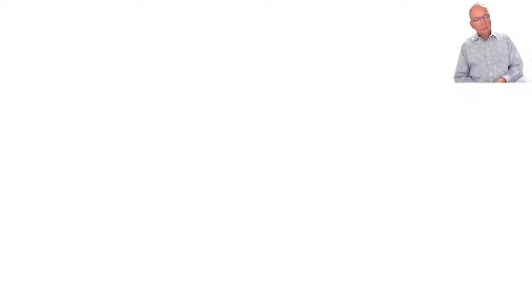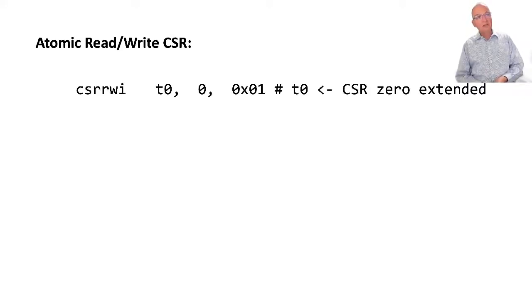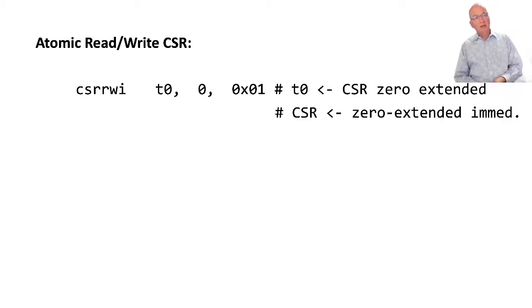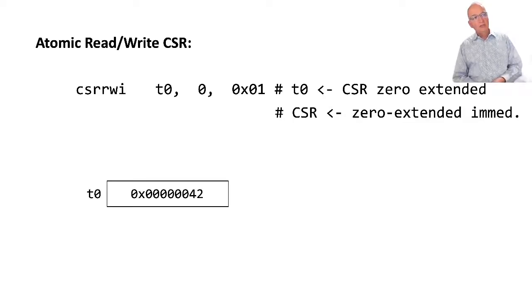Another instruction that's available to you to manipulate the control and status register is the atomic read-write control status register immediate, just like before. But now, instead of specifying a second register, I specify an immediate value. So now what is going to happen is that the 0 extended value of the control status register will move into T0, and the 0 extended immediate value will be moved into the control and status register.